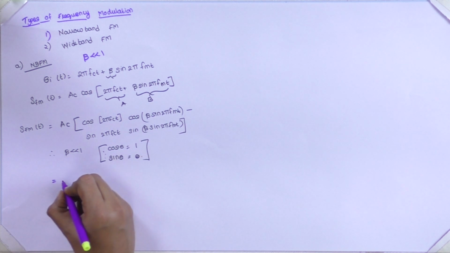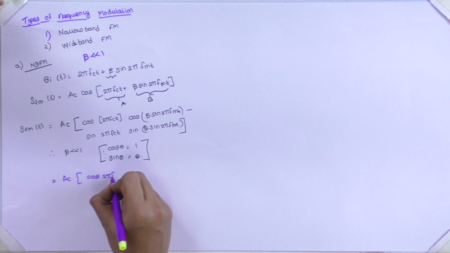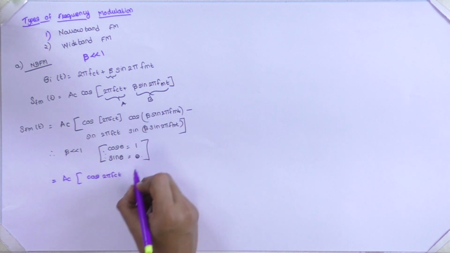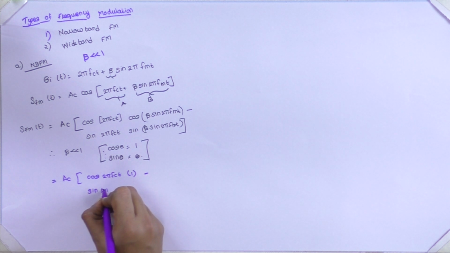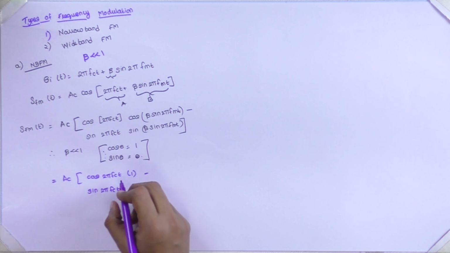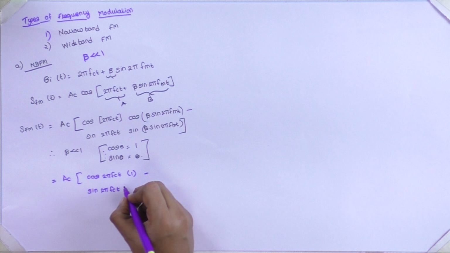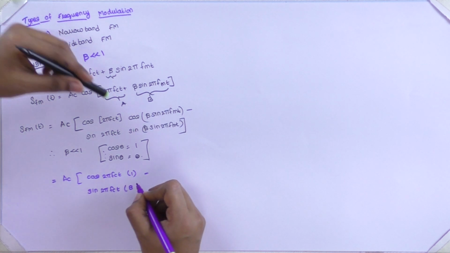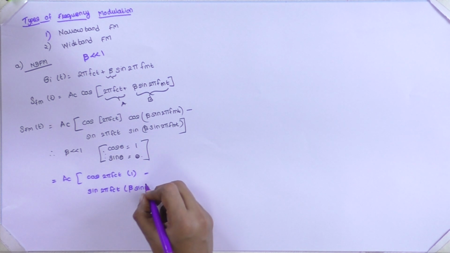By rewriting this equation, the term cos of beta sin 2 pi fm t will be replaced by 1, and the term sin of beta sin 2 pi fm t will be replaced by theta. Here theta is equal to beta sin 2 pi fm t. So instead of sin theta, we write only the theta part.